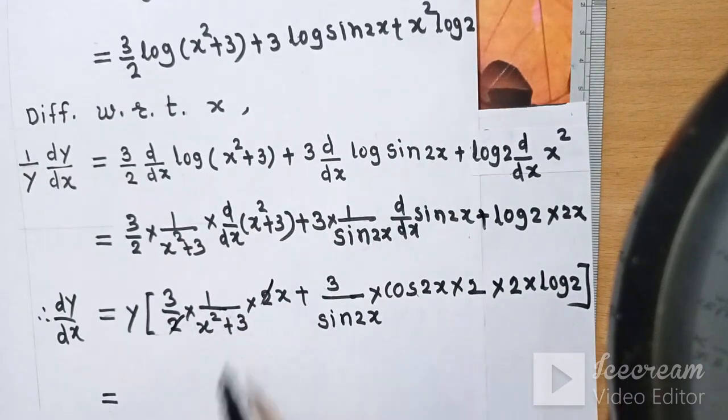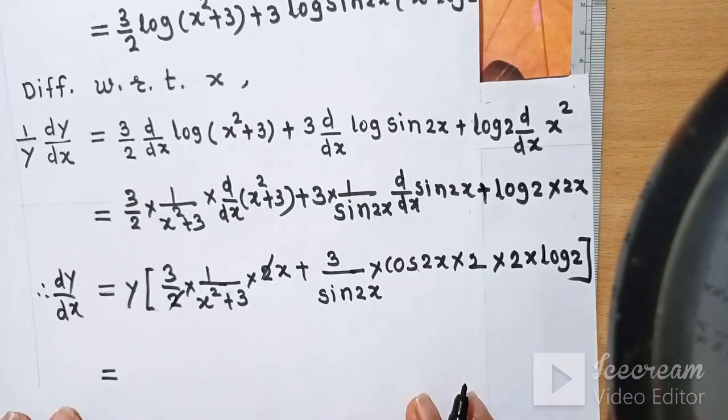The 2s get cancelled, and cos upon sine we write as cot.